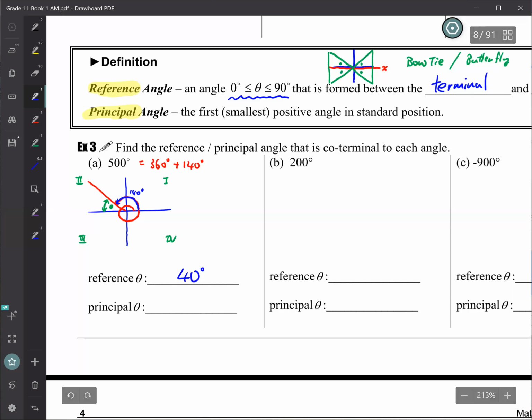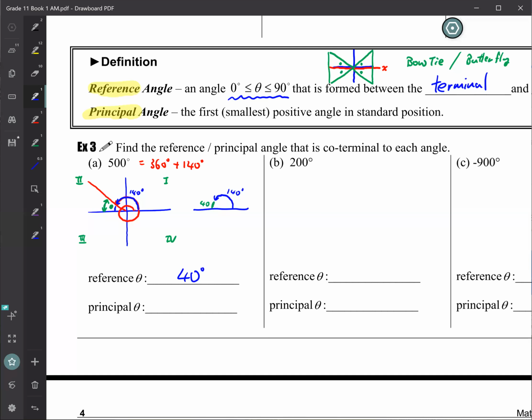So it needs 40 more to make half a circle, right? Because if this part is 140, then this part is 40. Because a straight line, half a circle, is 180 degrees. Does that make sense? Yeah. Okay, so that's why it's 40 degrees. Do you get it now?